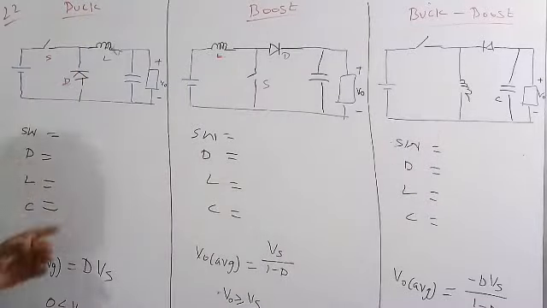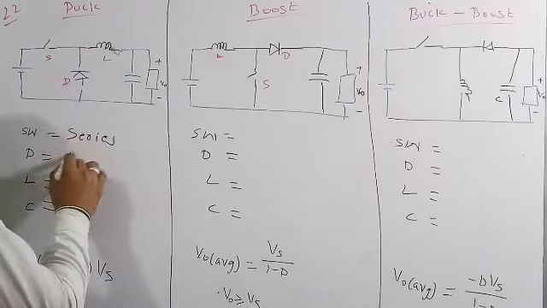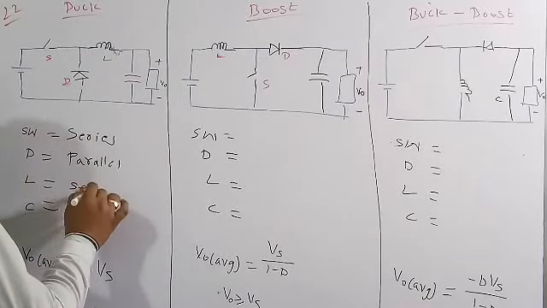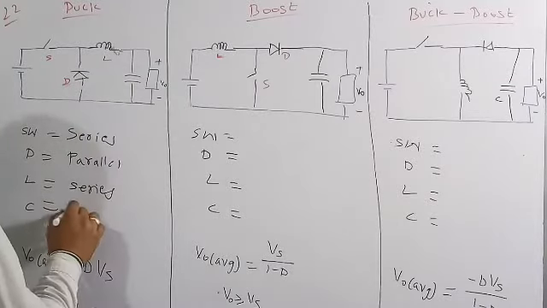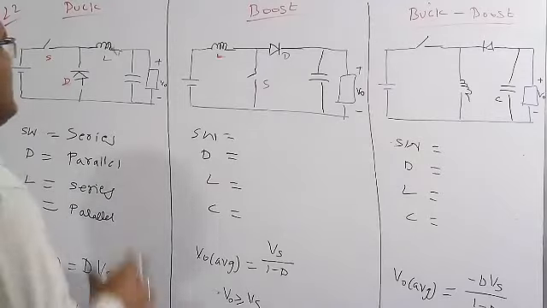Here in the buck converter, the switch is in series, the diode is in parallel to the load, and the inductor is again in series with the load. The capacitor is again parallel with the load. So this is the connection of these components in the buck converter.